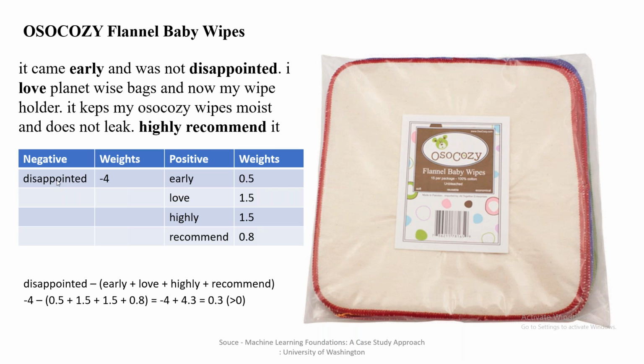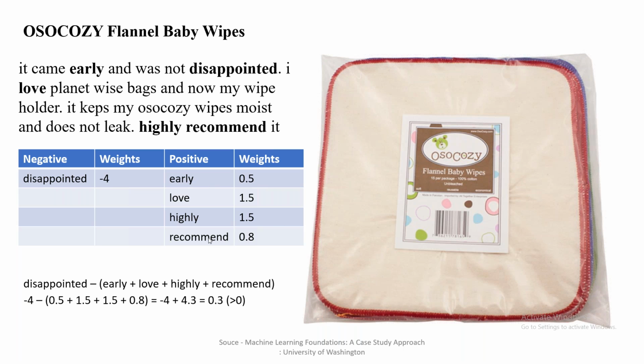Let's say these are a few weights. The coefficient of disappointed is -4. It means disappointed is more related to negative sentiment rather than positive. And early is related to positive sentiment because its weight is 0.5 in the positive direction. Love is 1.5. Similarly, highly is 1.5, and recommend is 0.08.